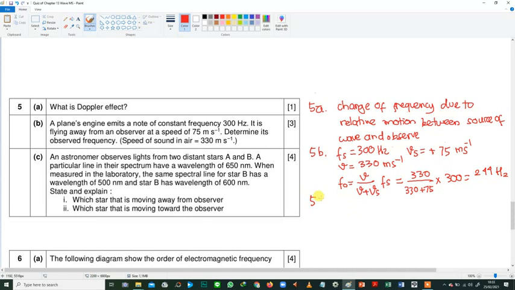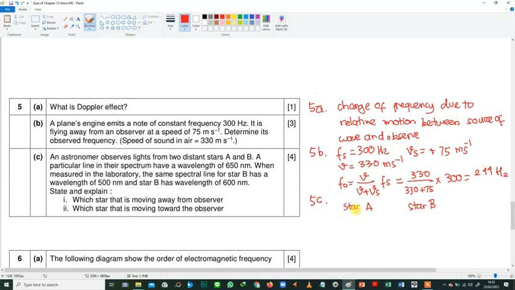But for 5C, an astronomer observed light from two distant stars. So we have star A and we have star B. The spectrum wavelength is 650.